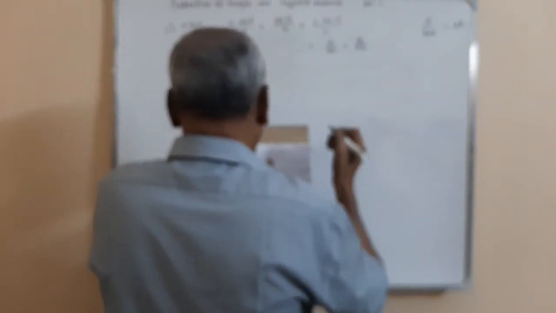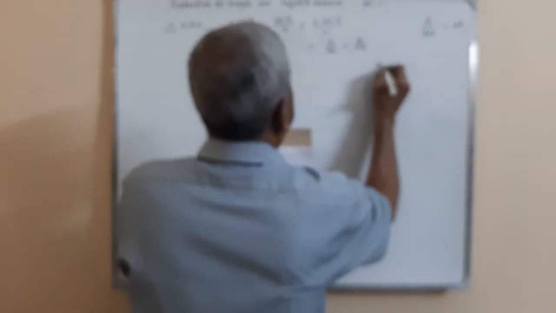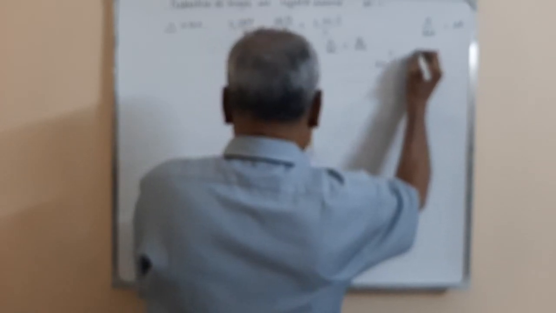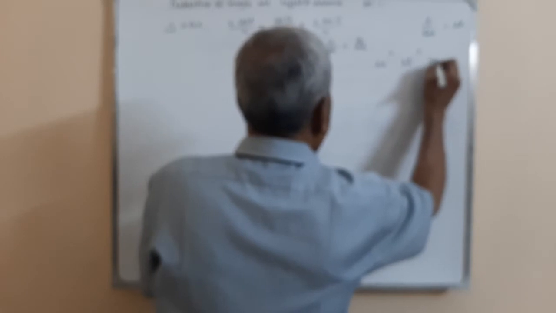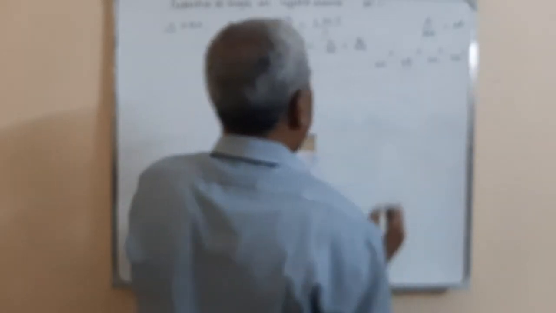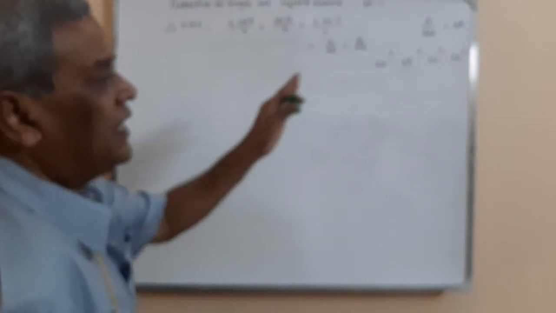Number 1, 60 degree, 45 degree, 120 degree, and 90 degree. If this is the situation in a triangle, then capital A, that is angle A, is how much?